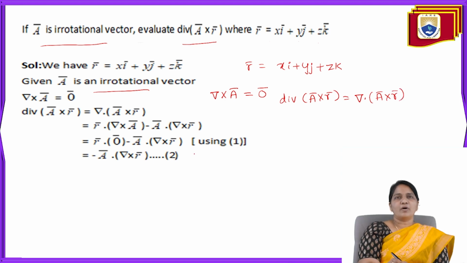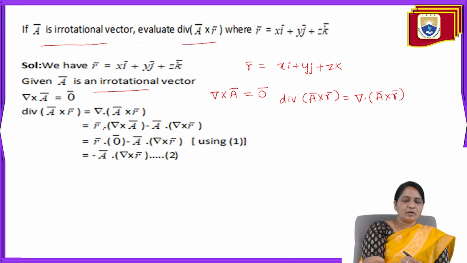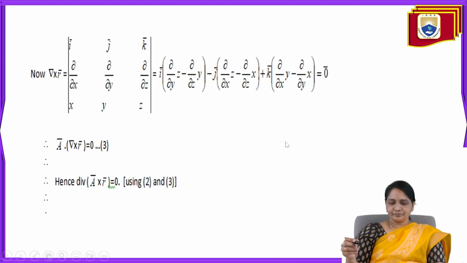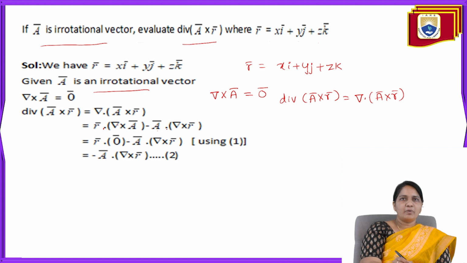So according to the formula, we can write R bar dot del cross A bar minus A bar dot del cross R bar. Del cross A bar is 0 bar, so we replace it: 0 bar minus A bar dot del cross R bar. So this first value is 0. Finally we got minus A bar dot del cross R bar.